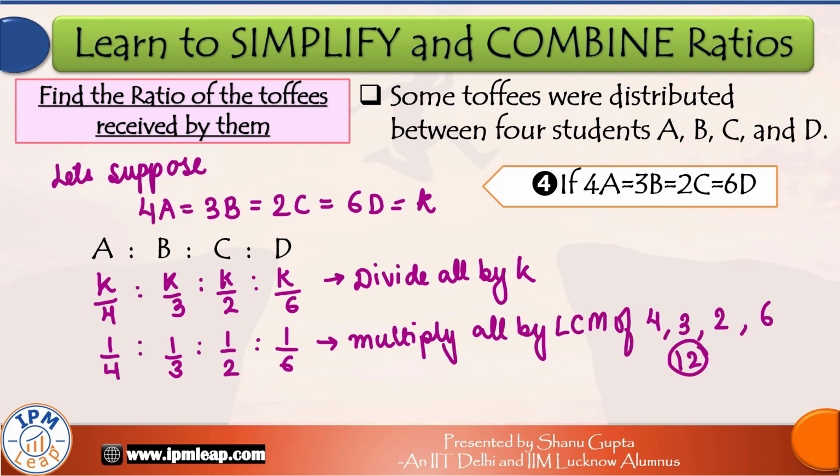Their LCM is 12. 1 by 4 into 12 is 3. 1 by 3 into 12 is 4. 1 by 2 into 12 is 6. And 1 by 6 into 12 is 2. Hence, our answer is 3:4:6:2.